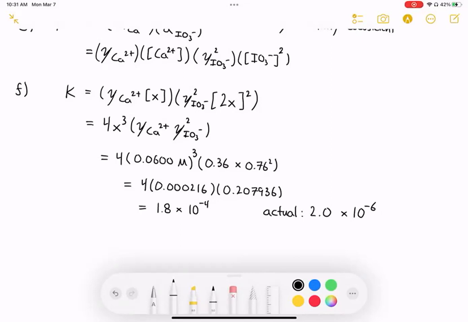KSP values for iodates. Okay, so it's 6.47. So let's say 6.5. So our error is pretty high. So hopefully your data is a little bit much better.